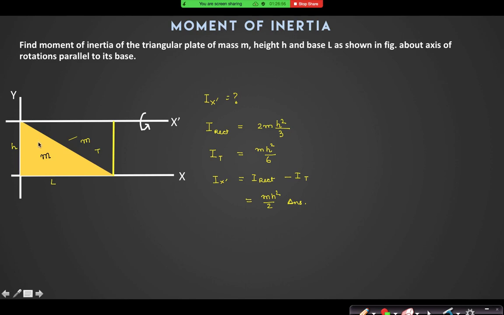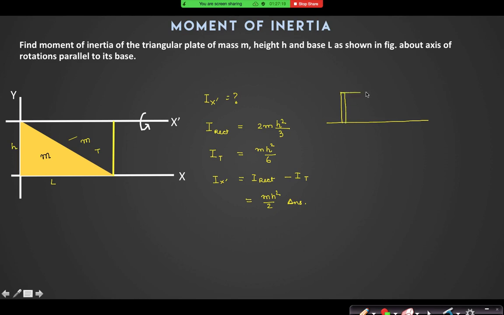I can't understand how did you calculate the moment of inertia of rectangle as 2mh square by 3? We have already done that. Do you remember in last just one or two questions back? We have used the stretch rule of rod. Yes, sir.